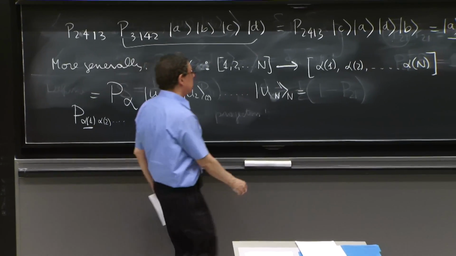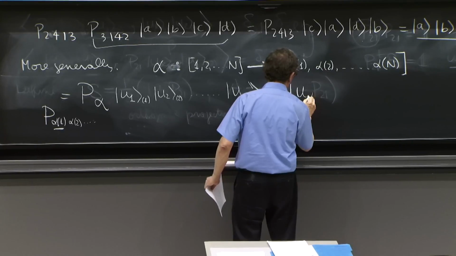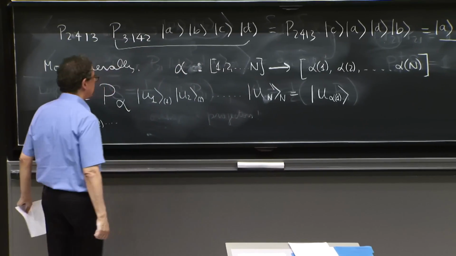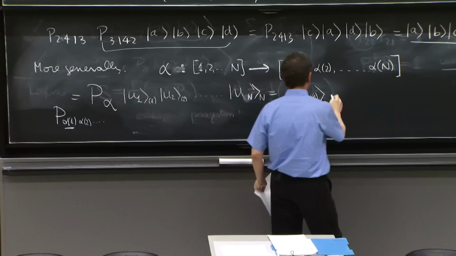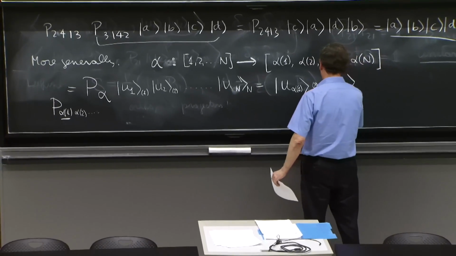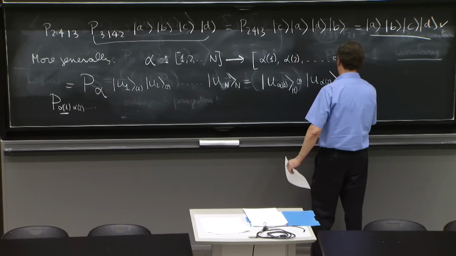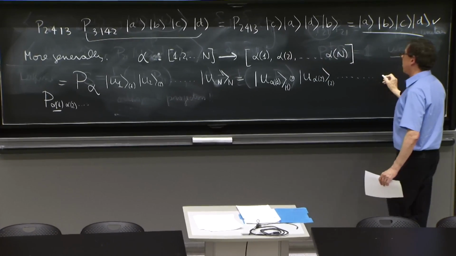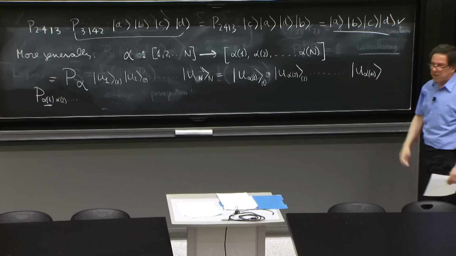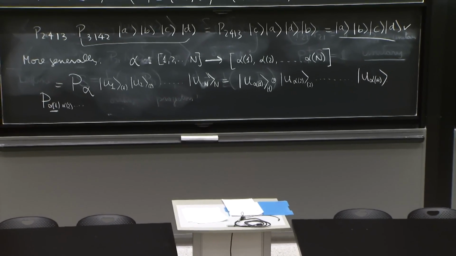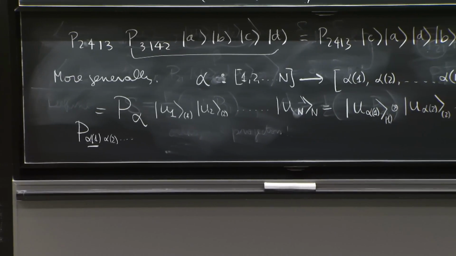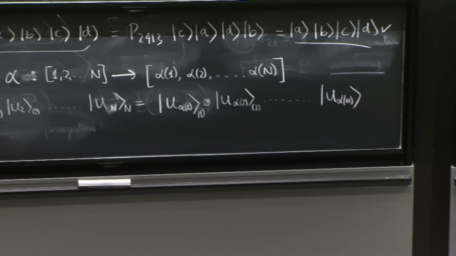So you should put first the U alpha 1, and then next the U alpha 2, and all the way up to the U alpha N. That's, in formulas, the rule that I was giving you above. It tells you how to move the states from one to the other.